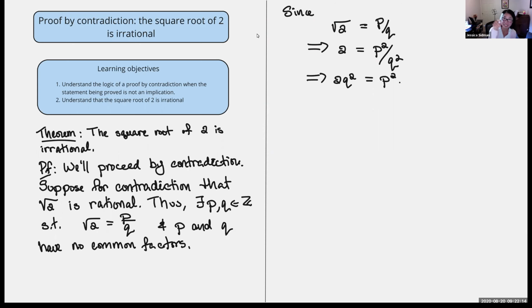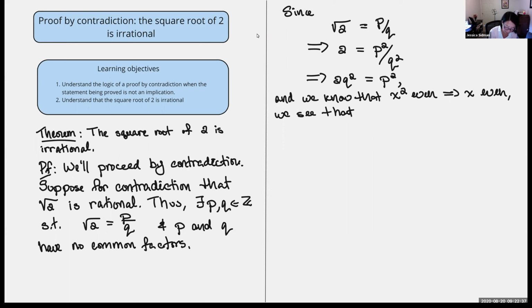So we can say, since all this, and we know that x squared even implies x even, we see that p must be even.